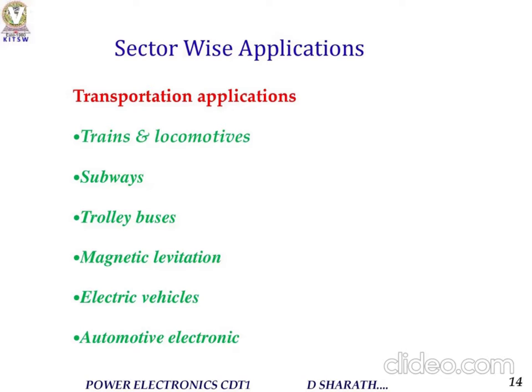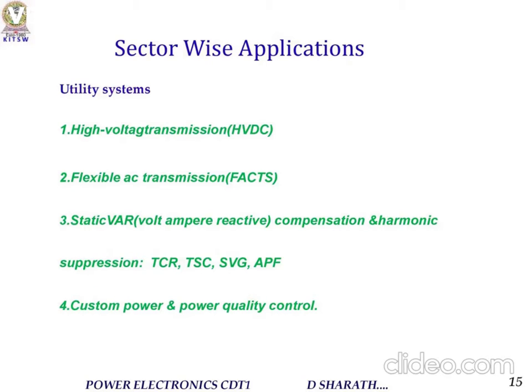Coming to the next application, power electronic devices play a major role in utility systems, that is HVDC lines, FACTS (flexible AC transmission), static VAR compensation, harmonic suppression, custom power, and also power quality control.